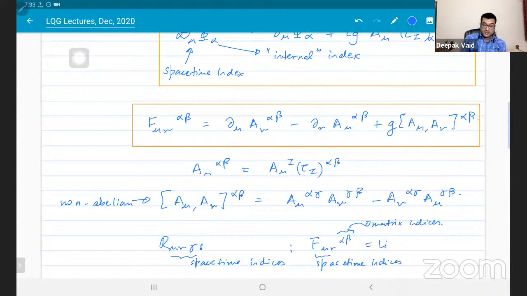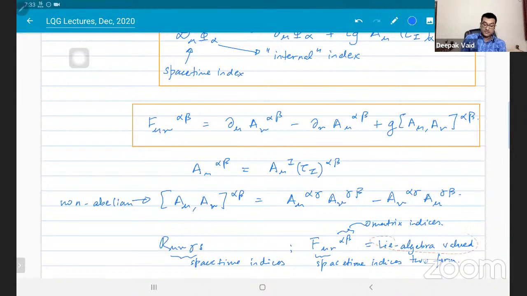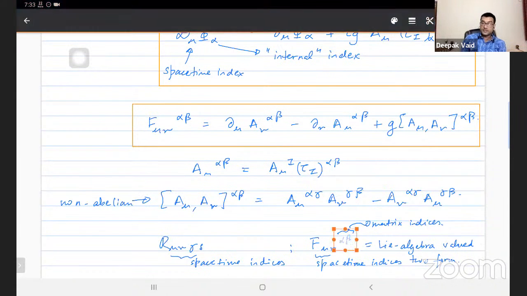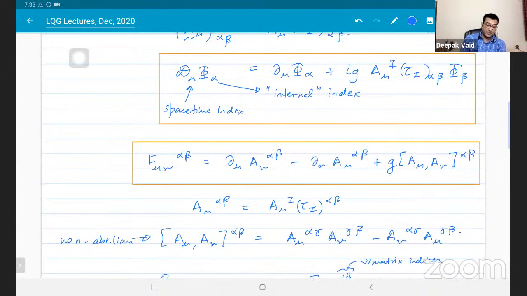This is Lie algebra valued. This is the technical term that you will encounter very often. This is a Lie algebra valued two form. Right? So it's a two form because it's antisymmetric in mu nu, and it's Lie algebra valued because it's a matrix. Right? Each term is a matrix. So here you have a matrix, here you have a matrix, here you have a commutator of matrices, that's also a matrix.